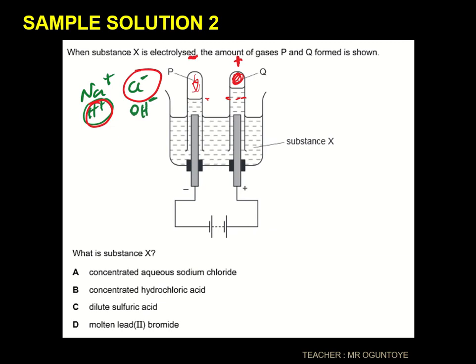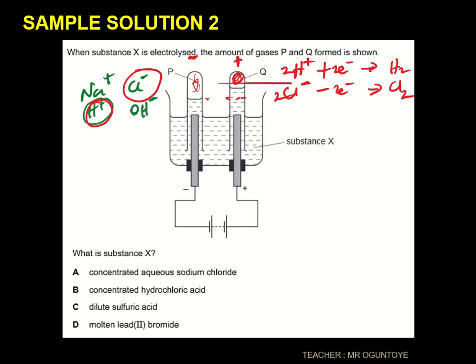But in this case, if you look at the discharge, hydrogen is discharged at the cathode, which is the gain of electrons. It's going to gain 2 moles of electrons to produce H2. And the same thing at the anode, chloride ion will lose 2 moles of electrons to form a chlorine molecule.